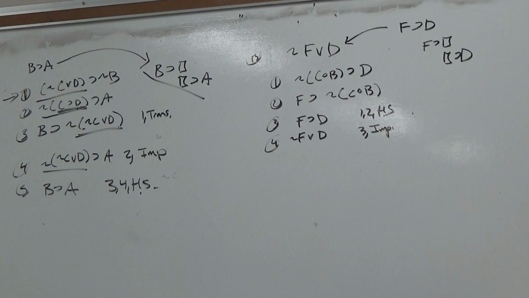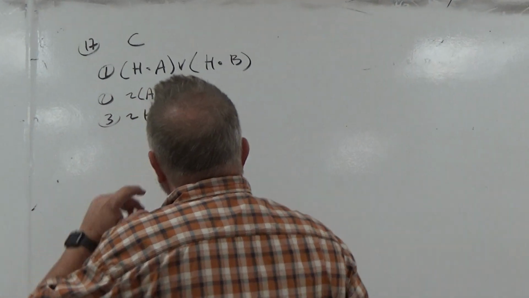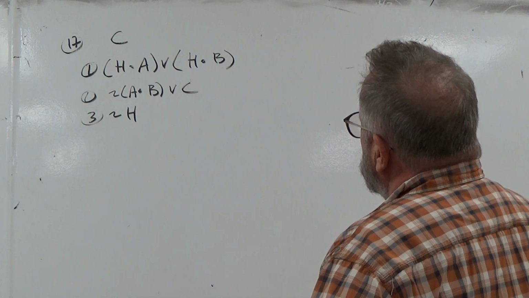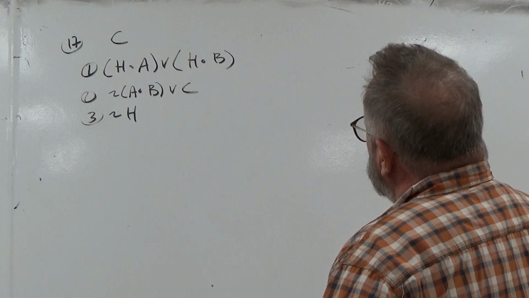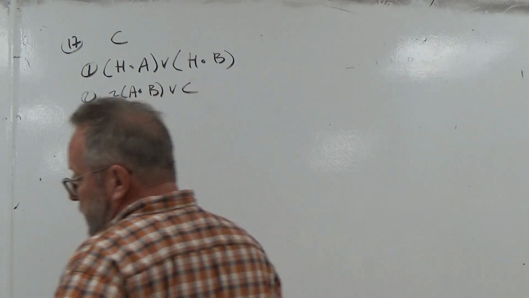This is the last one we'll do for today. H and A or H and B. 2 is not A and B or C, and 3 is not H. Did I write this down right?